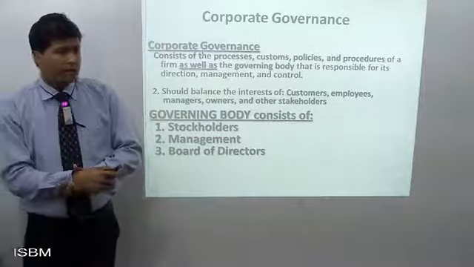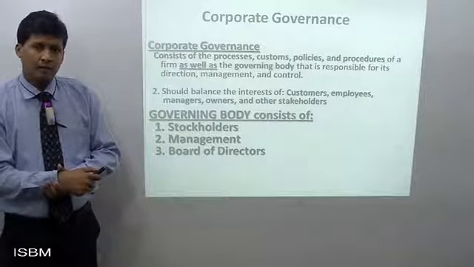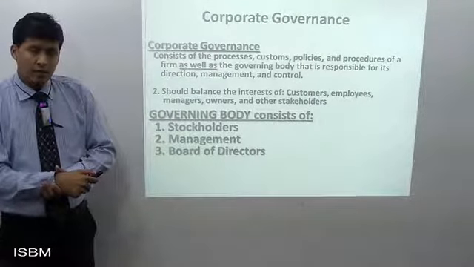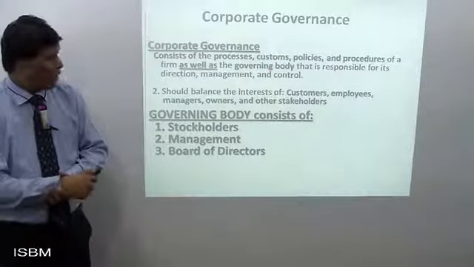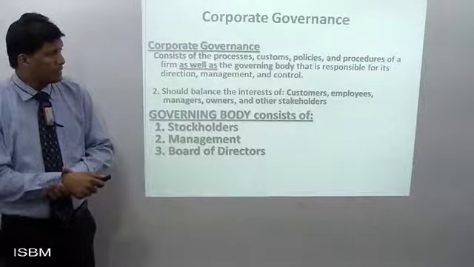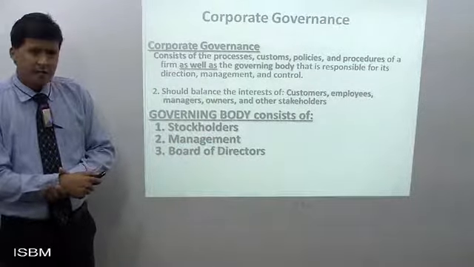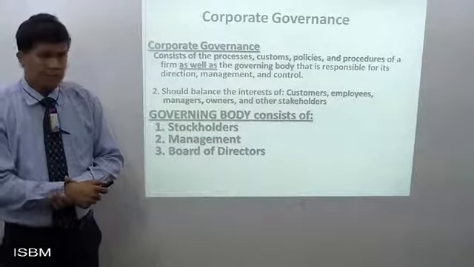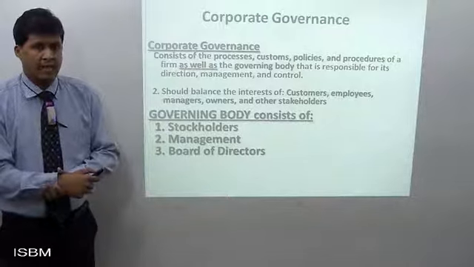When we speak of corporate governance, it consists of processes, customs, policies and procedures of a firm as well as the governing body that is responsible for its direction, management and control. So we are looking at all these things: processes, customs, policies and procedures from a corporate governance angle.